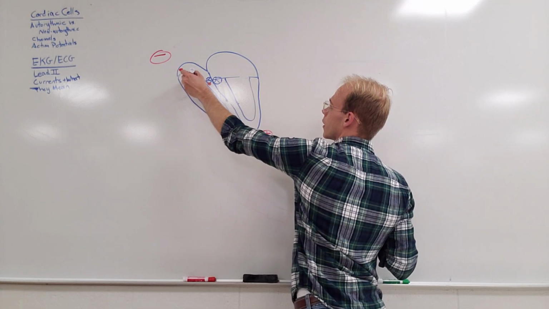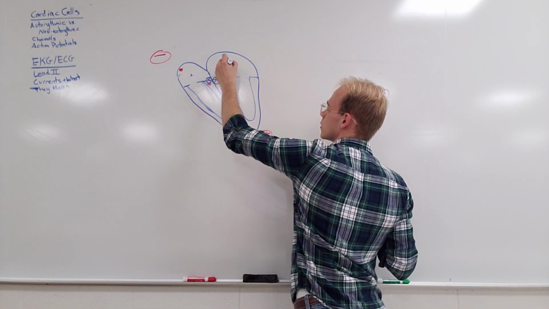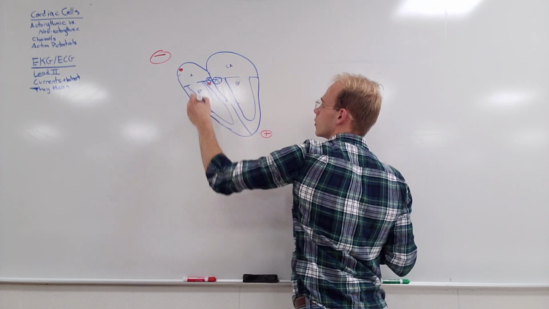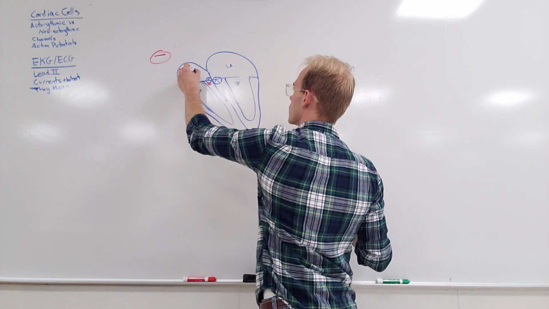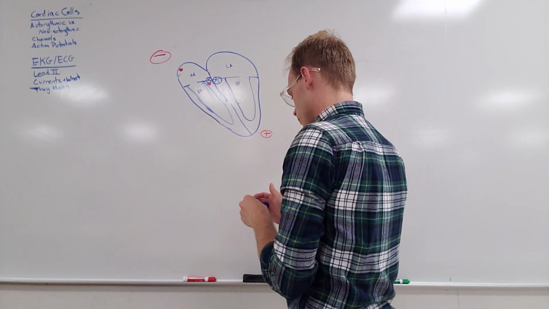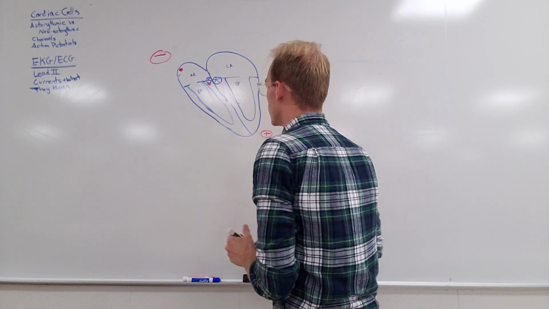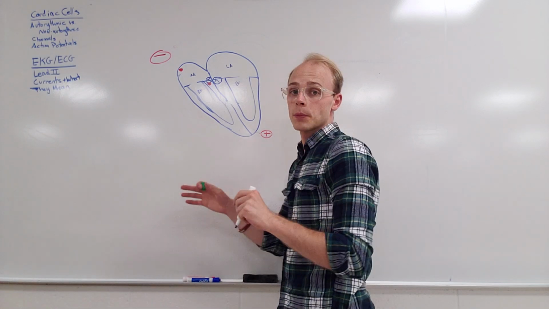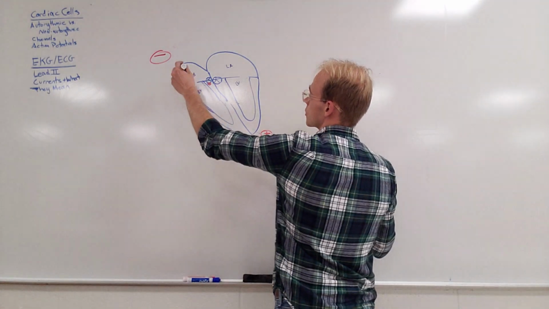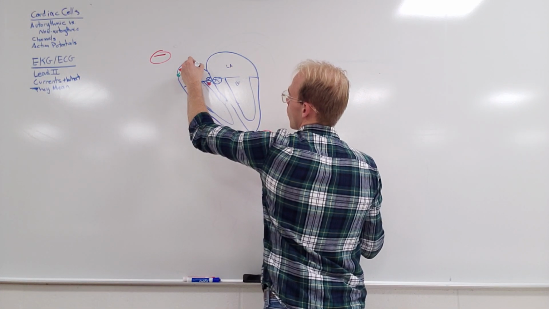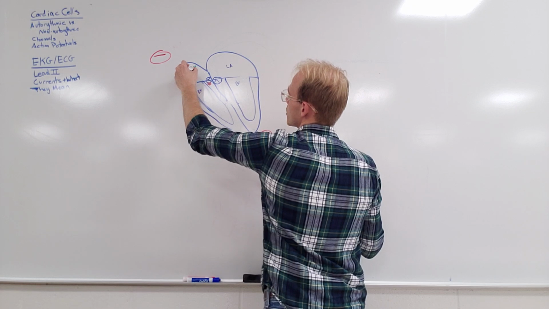Here's our right atria, left ventricle, right ventricle. So, to describe just really simply what happens when the heart depolarizes and how signals are sent. The SA node sends signals all the way over the atria.